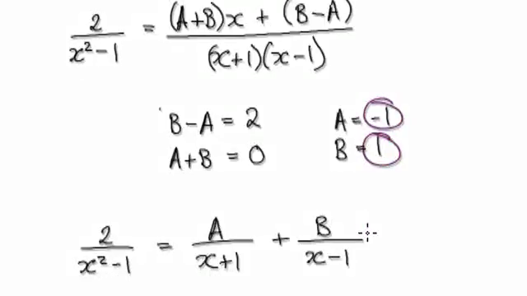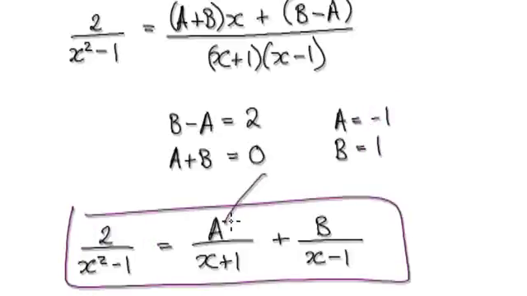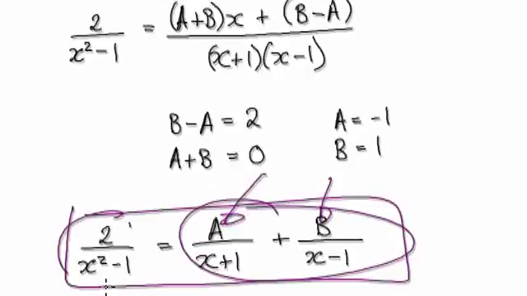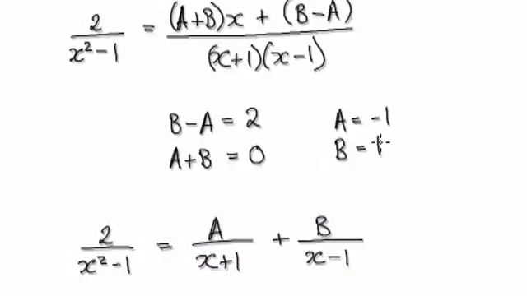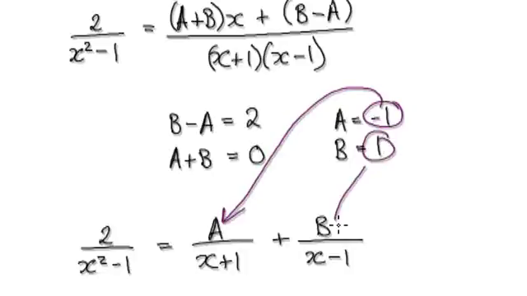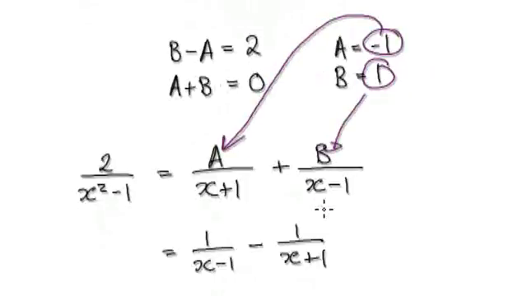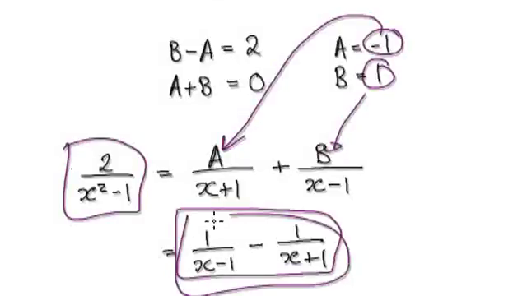So what that means is we can rewrite this thing here. Remember, from above, we were trying to find A and B in such a way that this whole thing would be exactly the same as this. Well, A happens to be -1, and B happens to be 1. So this fraction is exactly the same as these two.